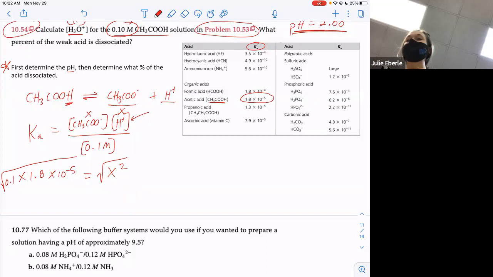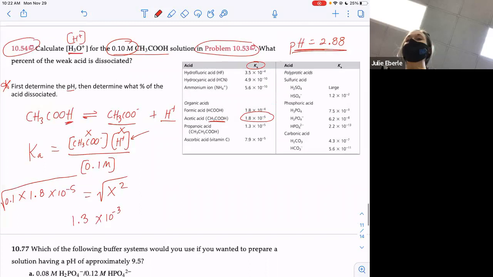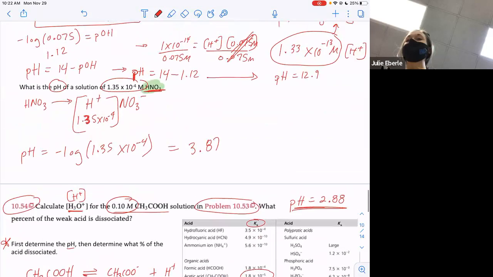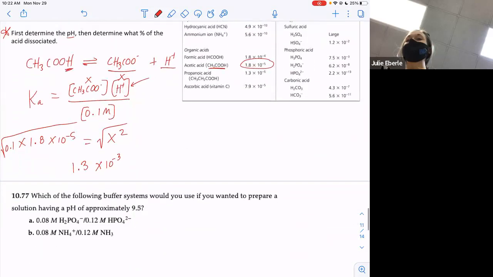And what is H plus here, or H3O plus? Anybody got it? 1.3 times 10 to the negative third. I feel like we just dealt with that number. Yeah, okay, 1.3 times 10 to the negative third molar. That is my concentration of H plus.